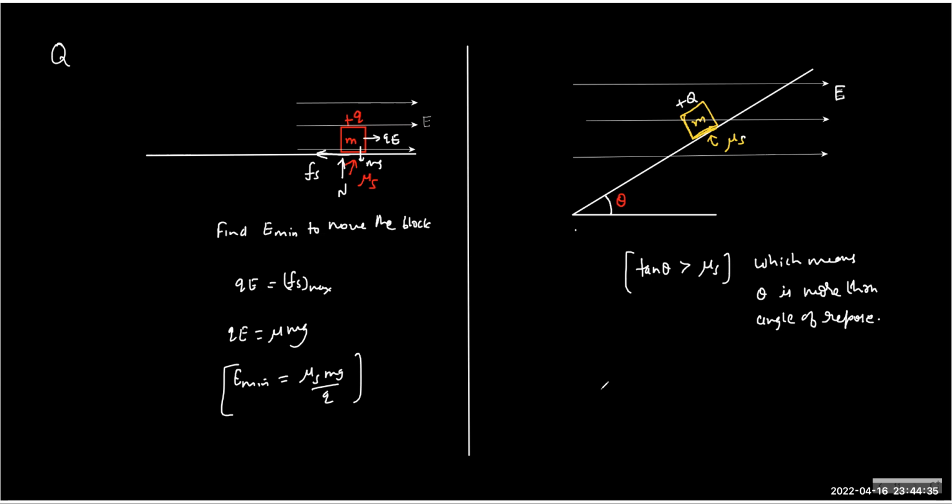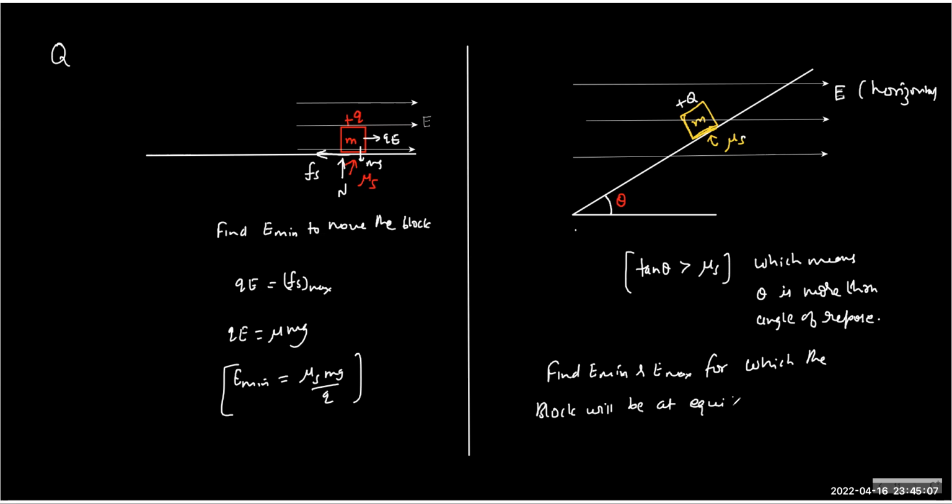In general it will try to go down, but I'm applying the horizontal electric field, which will create a force that can balance it. So the question is: find E minimum and E maximum for which the block will be at equilibrium. That's the question.